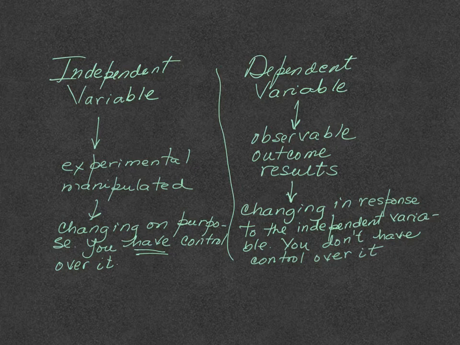You're going to be changing the amount of water that you're putting in your different plants, but you have control over that. Okay? So, one more time, independent: the manipulated one, the one that you're changing on purpose, and you have total control over that. Now, the dependent variable, also known as the observable one, the outcome or the result, because that's what you're recording. Okay?